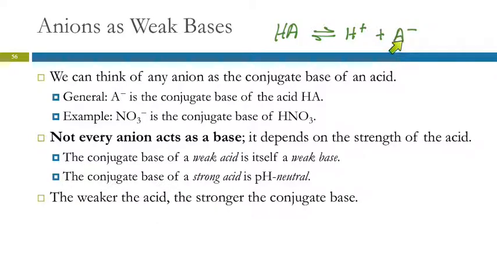This is the conjugate base of this acid, this anion. So any anion we can think of as the conjugate base of an acid. So we can look at nitrate ion. And if that acts as a base, it's going to take a hydrogen ion and it's going to form HNO3. Everybody cool with that?